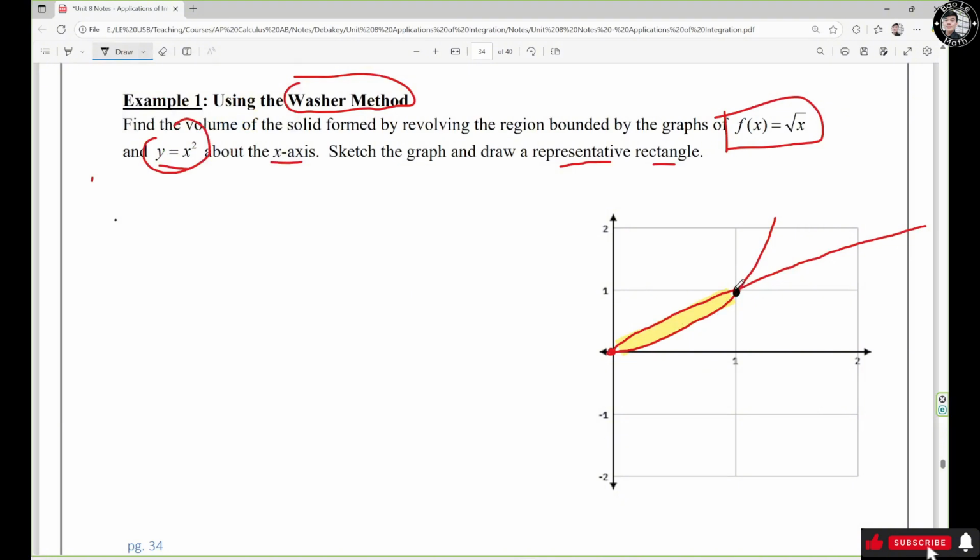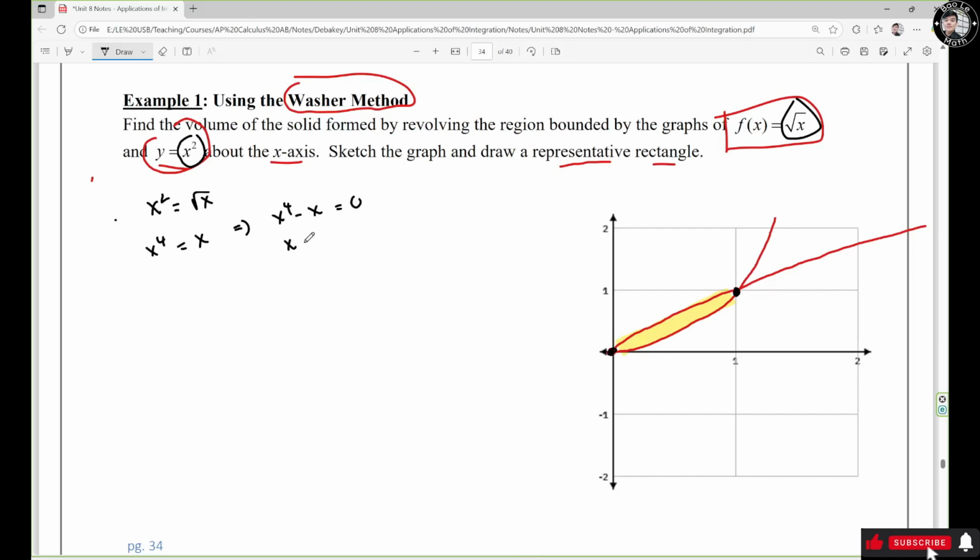Now we need to find the intersection between these two graphs manually, right? So we're gonna let x squared equals square root of x, right? Then we're gonna square both sides, so we have x to the power 4 equals x, right? Then I'm gonna subtract x from both sides, so I have x to the power 4 minus x equals 0, right?